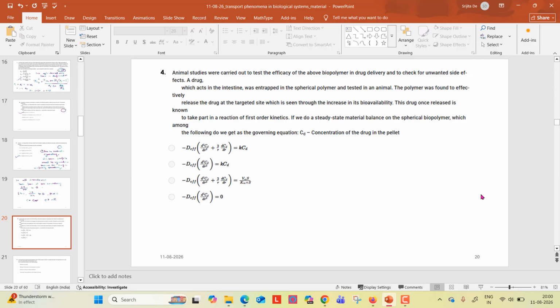The polymer was found to effectively release the drug at the targeted site, which is seen through the increase in its bioavailability. The drug, once released, is known to take part in a reaction of first-order kinetics. If we do a steady-state material balance on the spherical biopolymer, which among the following do we get as the governing equation? CD is the concentration of drug at the pellet.